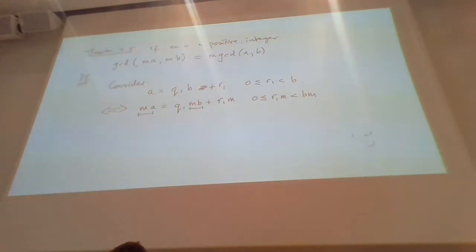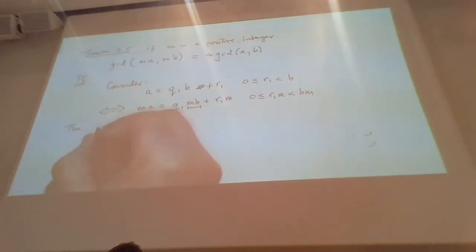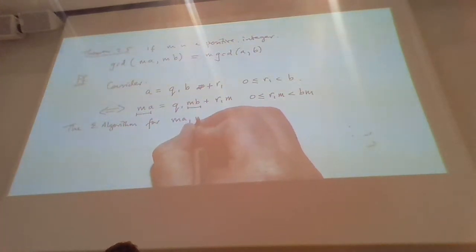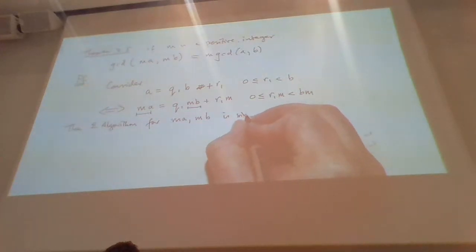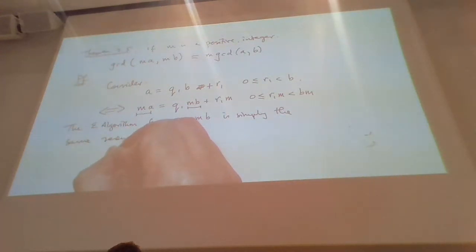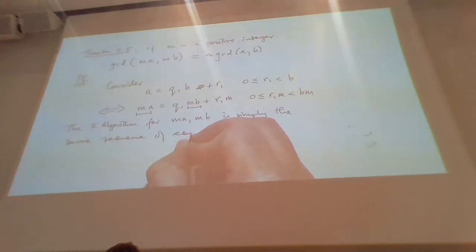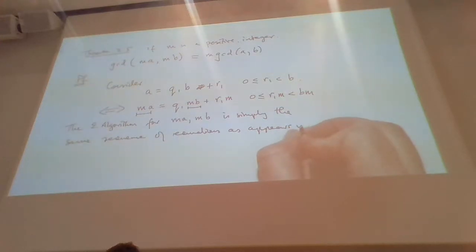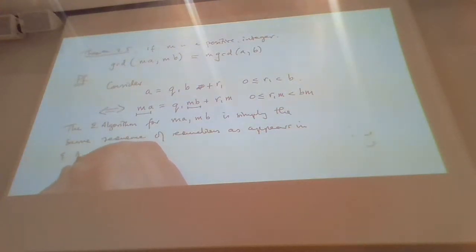Okay. So I think that's summarized in the notes there, but the Euclidean algorithm for MA and MB is simply the same sequence of equations as appears in the Euclidean algorithm for the pair A, B, except they're all multiplied across by m.